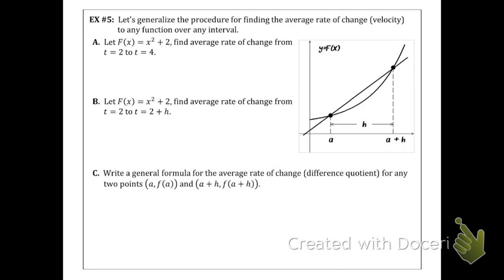All right, so we know that our x1, which is our t1, is 2. So then I know that my y1 is going to be f of t1, which is f of 2.